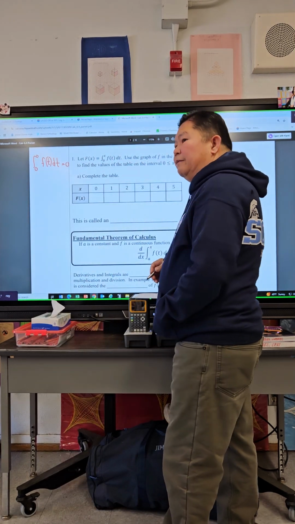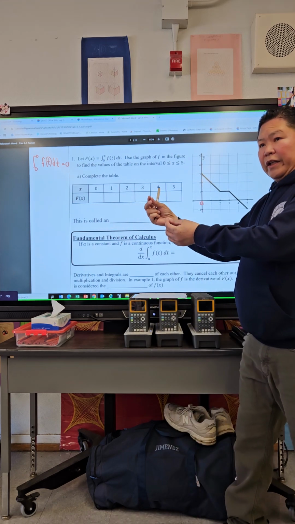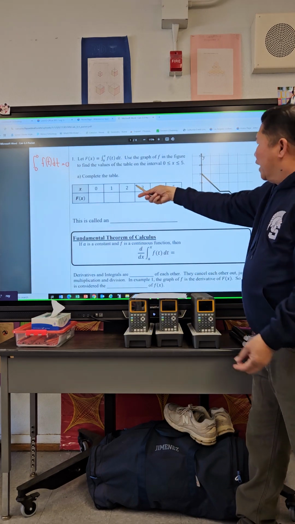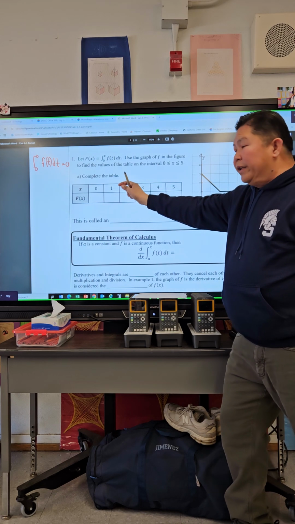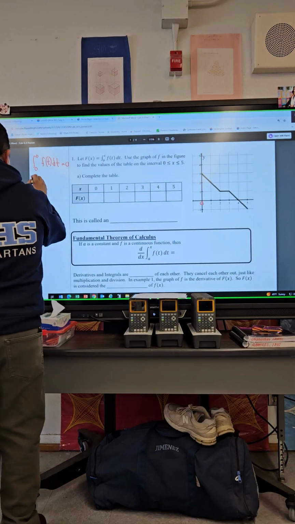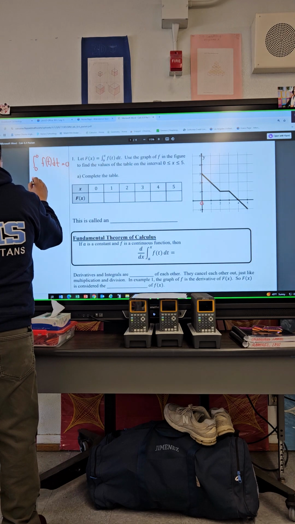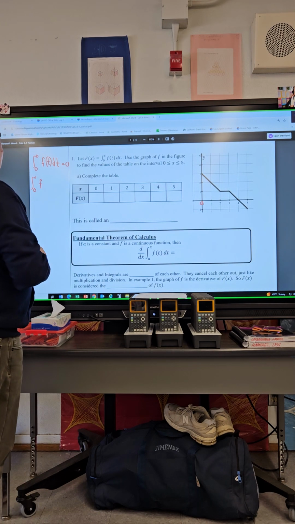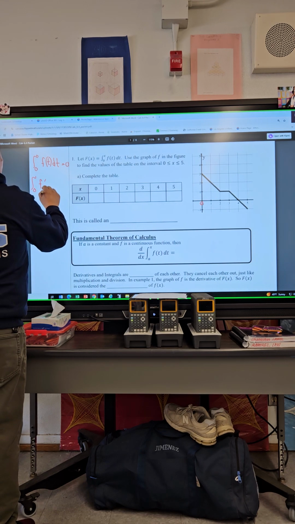Next. How about this one? As I said, start at 0 to 0, then next 0 to 1, right? Because this is 1. The interval is from 0 to 5. So let's say F of 1 is the integral from 0 to 1 of f of t dt.